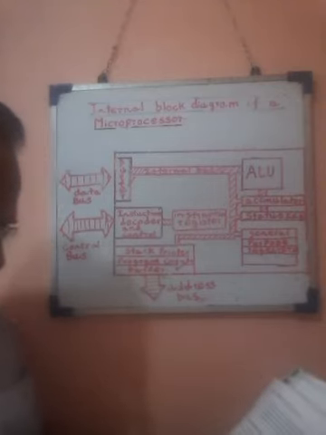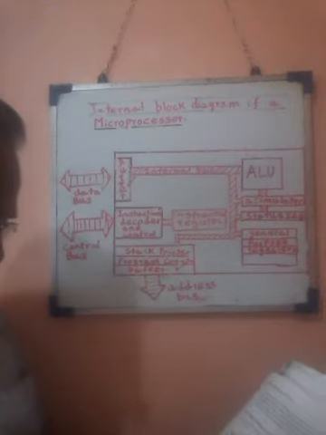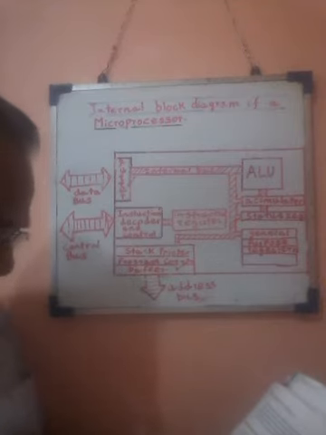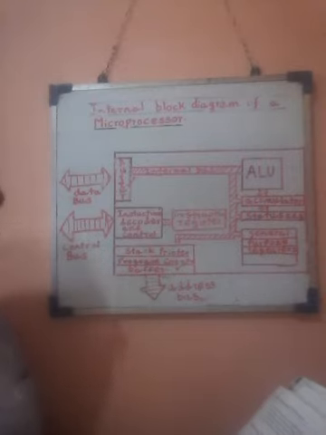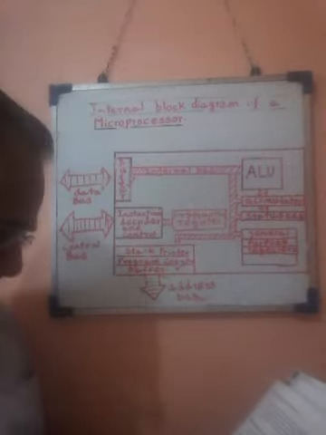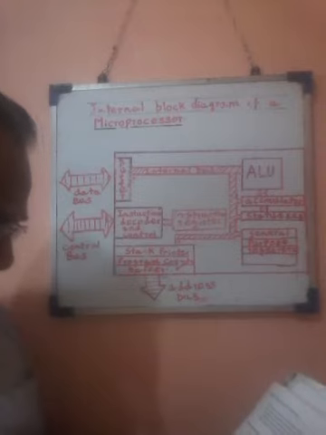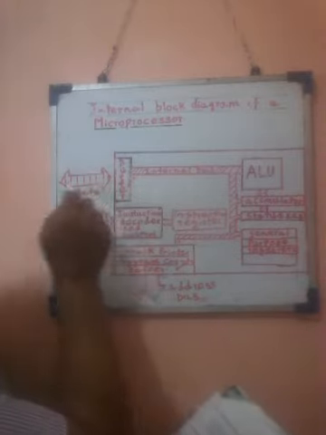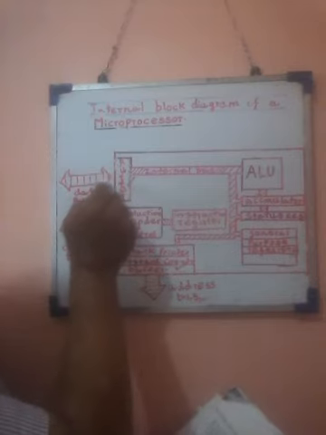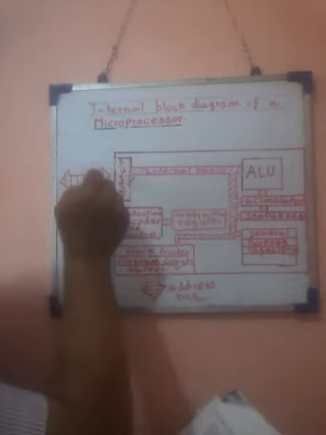What is a buffer? It interfaces the address and data buses to the microprocessor. The data bus is bidirectional. This arrow shows us. This is unidirectional, in one direction, the address bus.